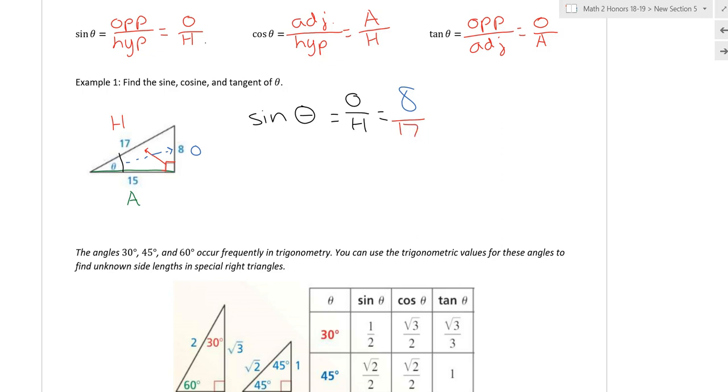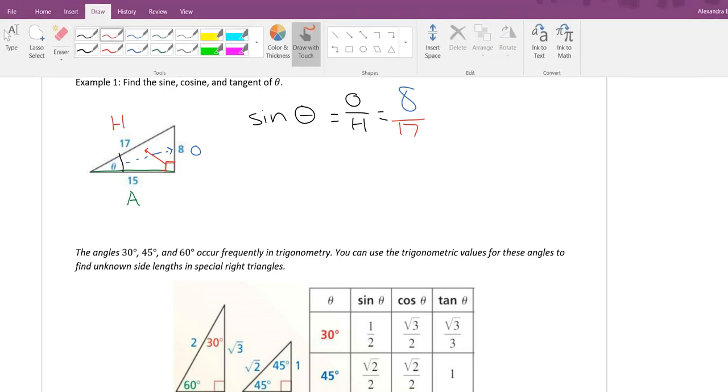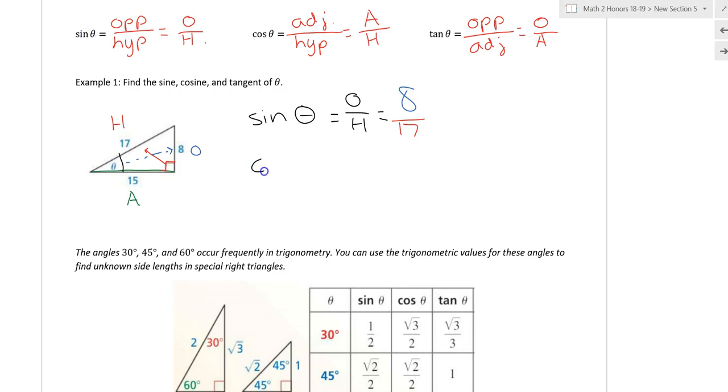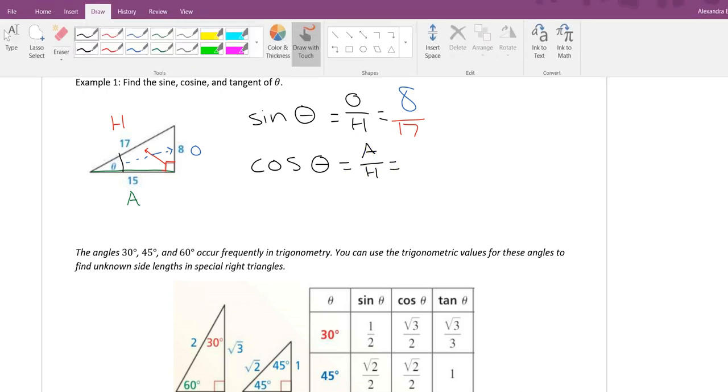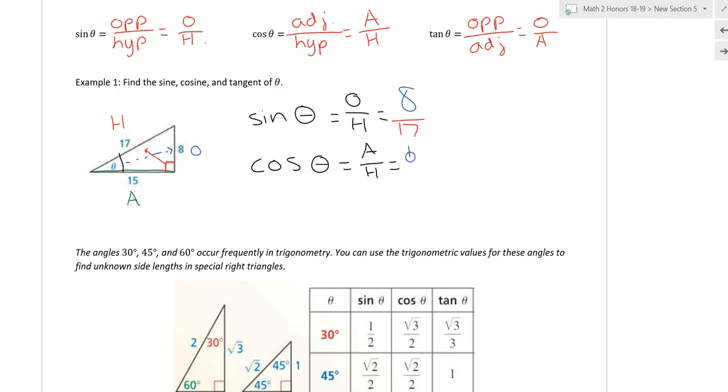So 8 over 17 is our sine of theta. Then cosine of theta equals A over H. A is 15. H is 17.